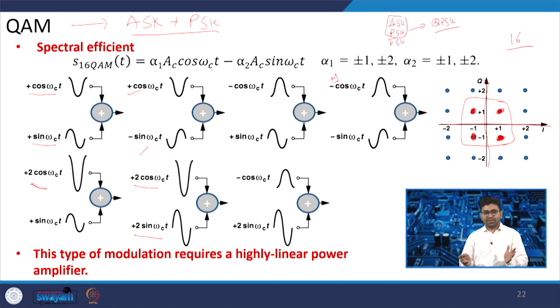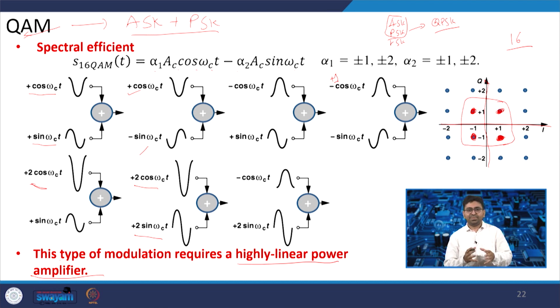You can come across various publications nowadays talking about analog QAM. You can apply the same thing to digital also, and this type of modulation requires a highly linear power amplifier. This kind of QAM modulation scheme is very efficient.